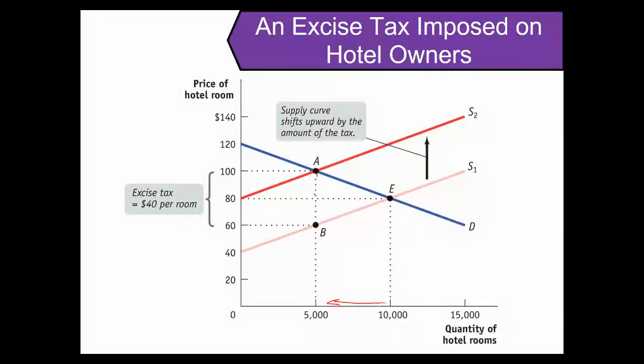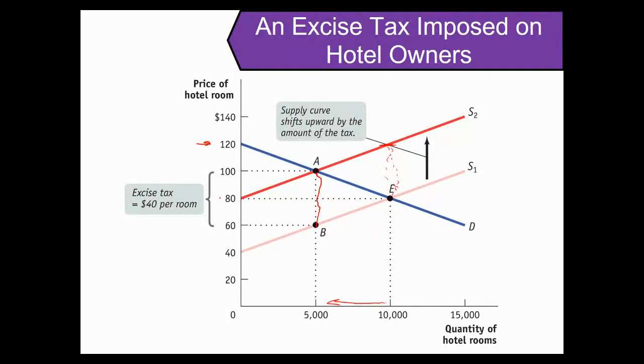The distance from here to here would be the size of the tax. If we wanted to sell the 10,000 rooms, we would have to put that $40 fee right here, and the rooms would have to be $120 a night. So once this tax is put in, it's going to force people to pay more money for the room.